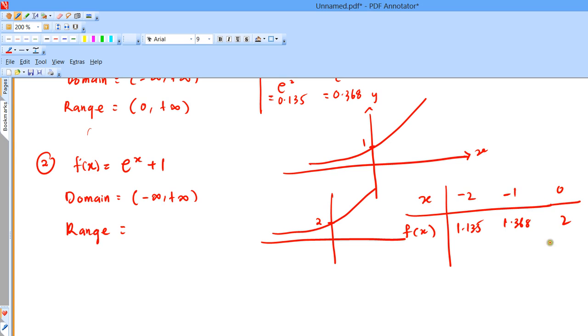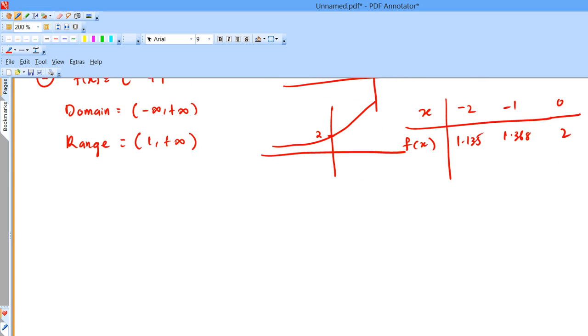So from this, our graph does not equal 1 but approaches 1. So the range starts from 1 to positive infinity.